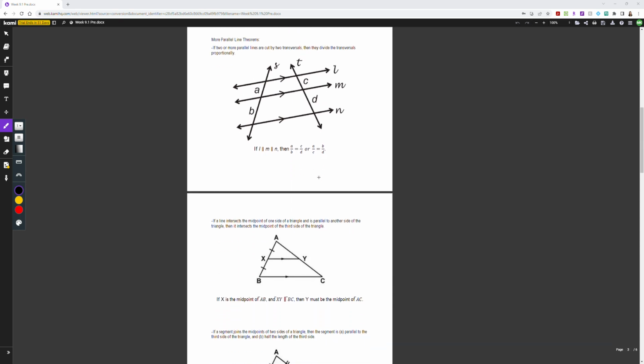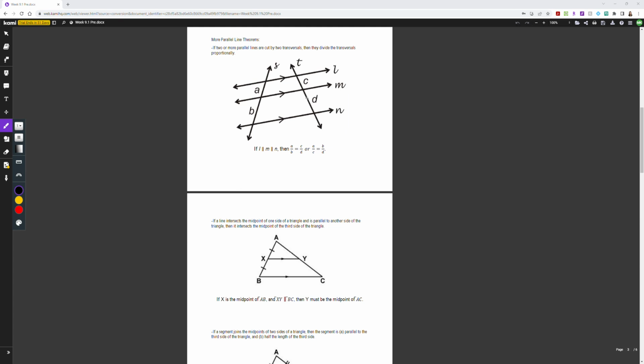Now we'll go into more parallel line theorems. If two or more parallel lines are cut by two transversals, then they divide the transversals proportionally. If we look, we have transversal S and transversal T. We have parallel lines L, M, and N. So if L is parallel to M is parallel to N, then A over B would equal C over D. They are proportionate to each other.